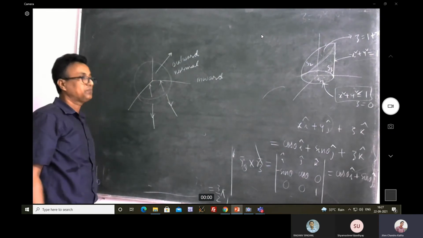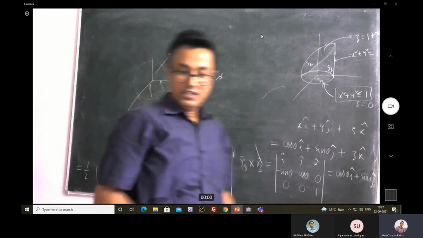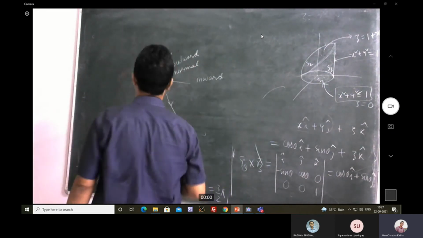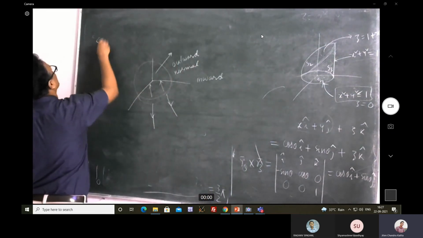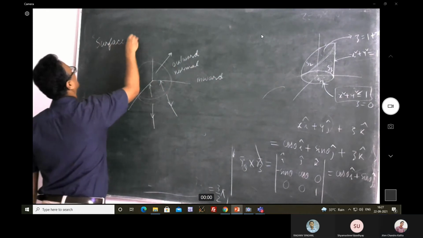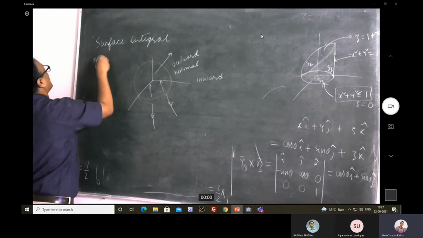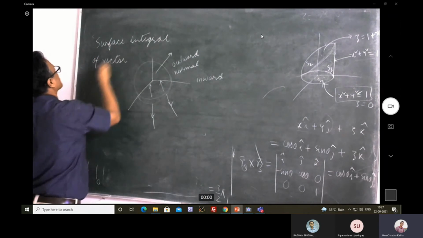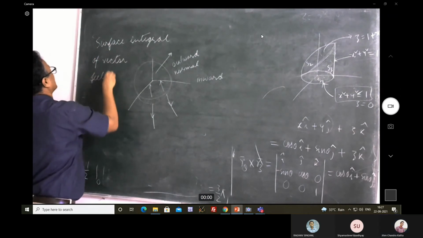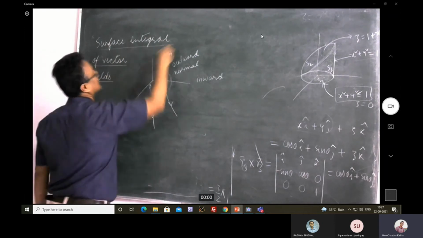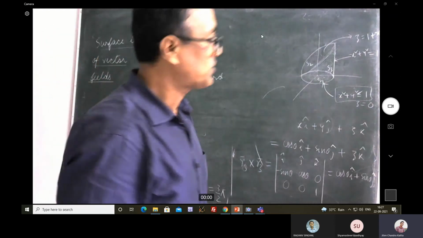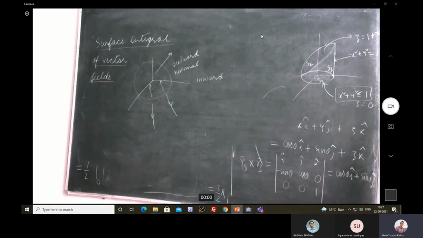Is it okay? Fine. So now what I would like to do is the surface integral of a vector field. This is what I'm going to do. Here I'm going to rope in some concepts from fluid dynamics.